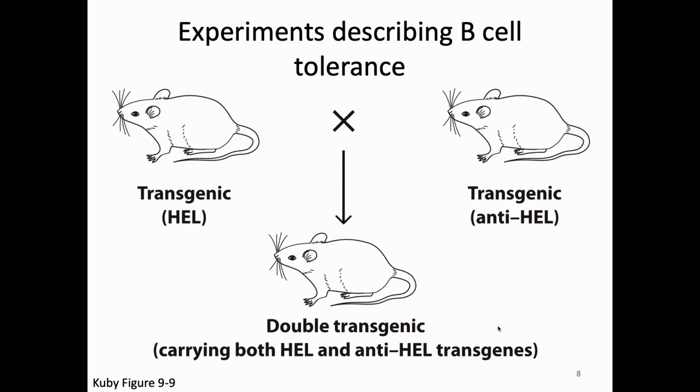Then there's this mouse, which is the transgenic anti-HEL. In reality, there are actually 2 genes that are added to the transgenic anti-HEL mouse.